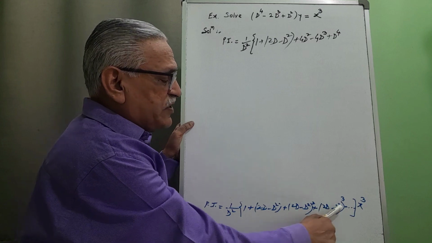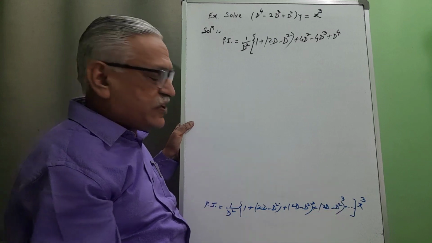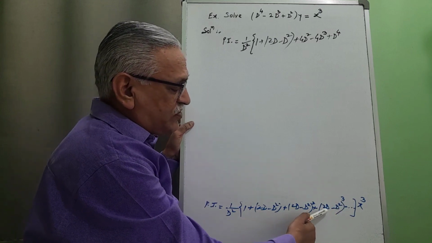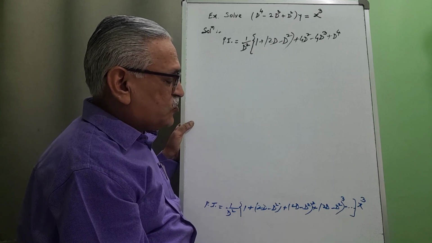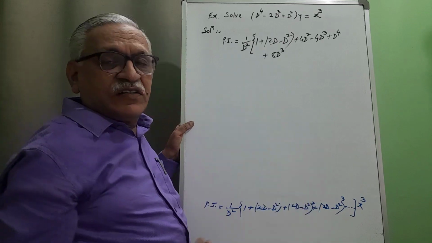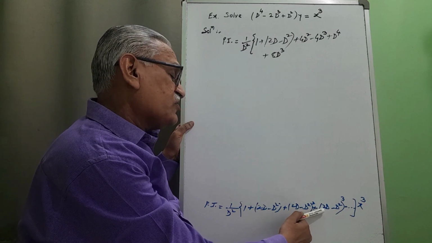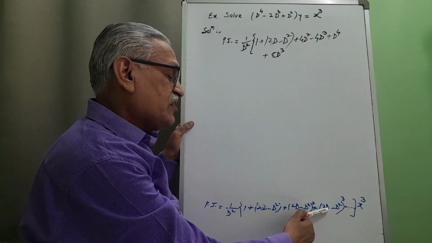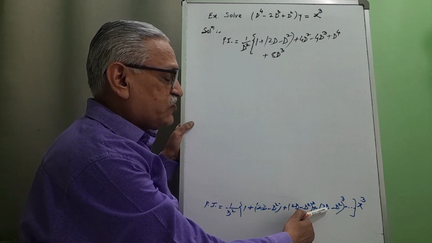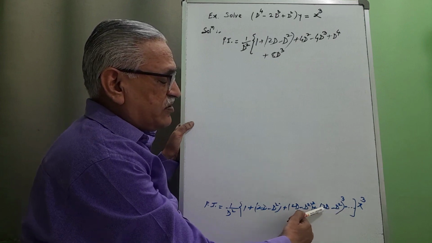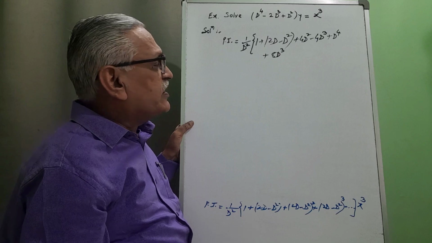Then (a minus b) whole cube. First term is a cube, therefore the cube of the first term, 2 cube, means 8d cube. Then 3a square b, therefore 3 times 4d square, a square means d square and b is d square. Therefore that becomes d raised to 4, neglecting that term.